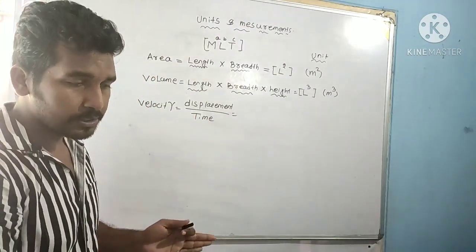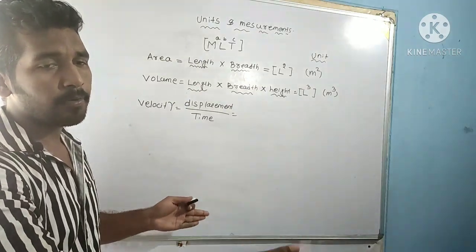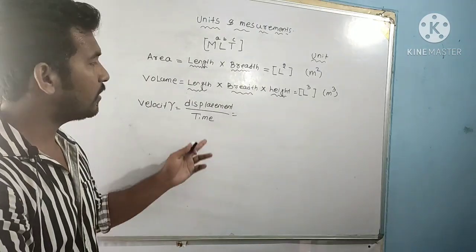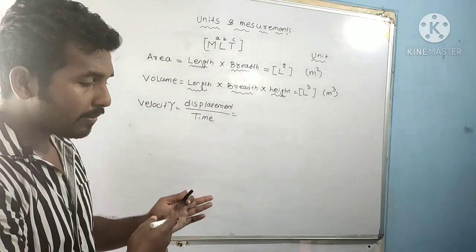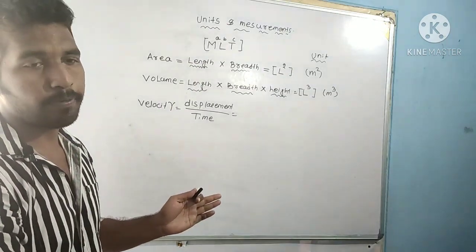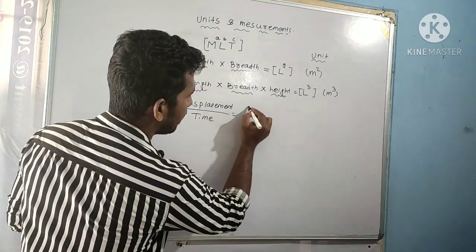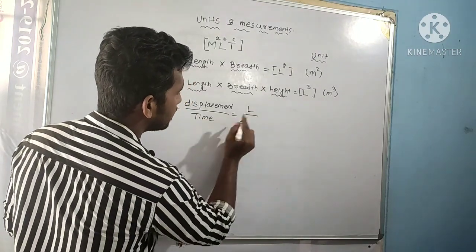Displacement means the shortest distance or the straight line path from initial point to final point. This is called displacement. So the length of the straight line path from initial point to final point, this means it is a length. So we take it L, and time, this is T.